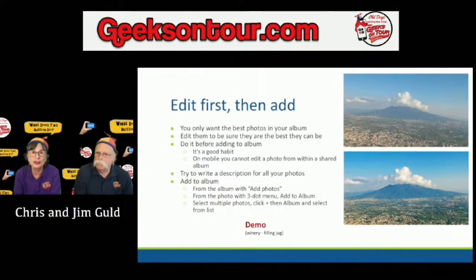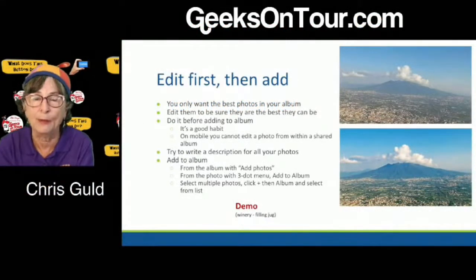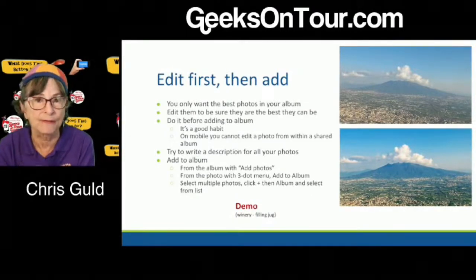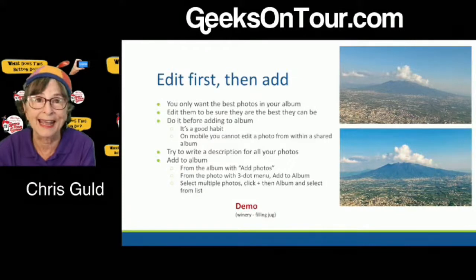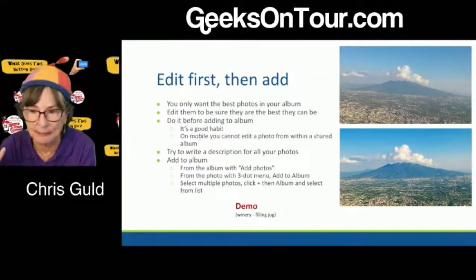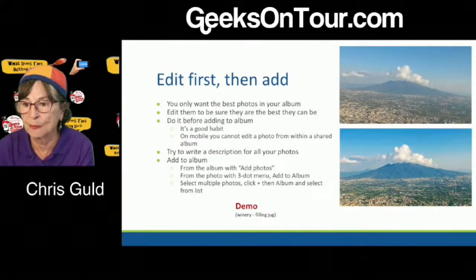It's a good habit, but also if you had already added the photo to your shared album, when you're looking at it on your phone, you cannot edit it now. You can't edit it from within the album. I don't know why, but you can't. So it's really a good way to go.